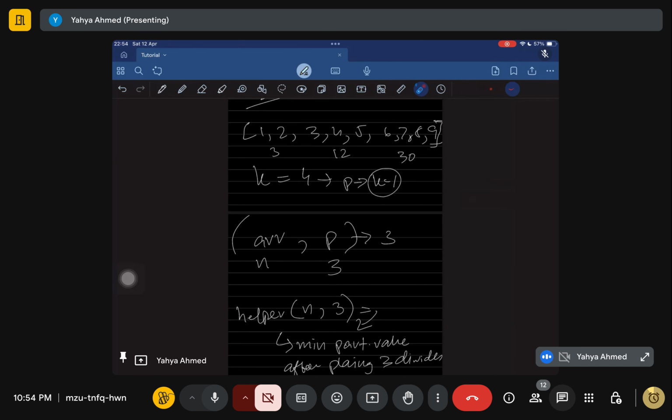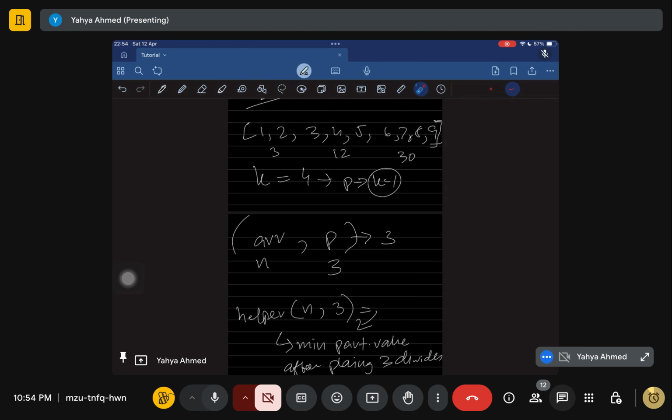If I have placed 2 dividers, the range used could be this much, or this much, or this much. Let's say I know the optimal value, the minimum partitioning cost, given that I placed 2 dividers in either this range or this range or this range.